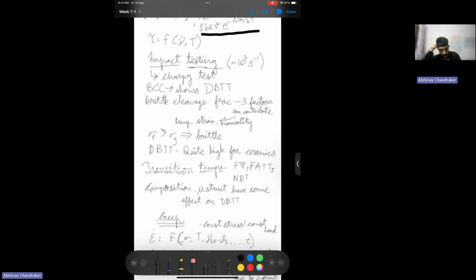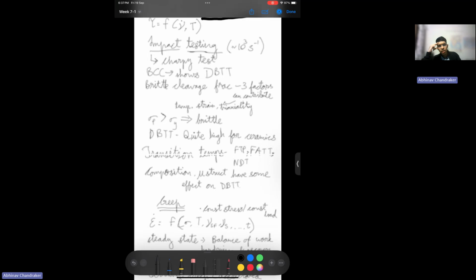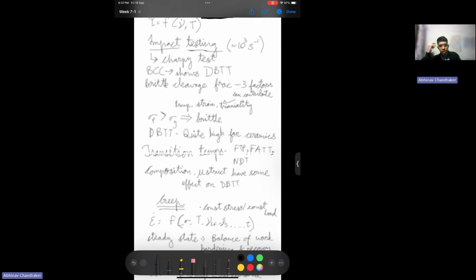At high temperature, the plasticity is more and it will show more ductile failure. It will be able to absorb more energy, but at lower temperatures, it will show brittle failure. There will be very quick crack propagation, and plasticity will be less.